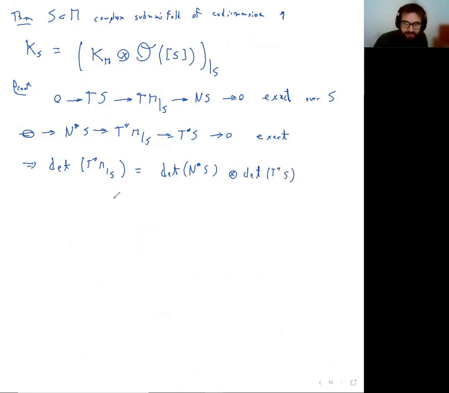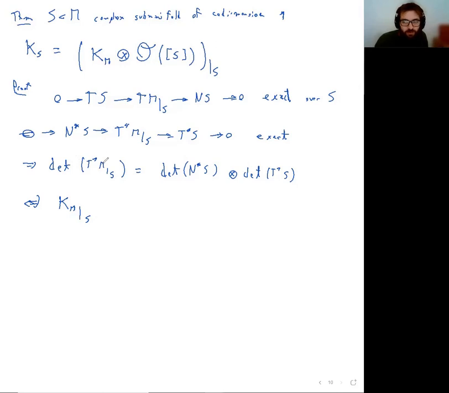Okay, so let's rewrite it with these new names that we gave. So the determinant of T star M on S is nothing but K_M restricted to S. Here you could be a bit like, are you sure about this? Because I'm commuting operations a bit without saying too much about it.